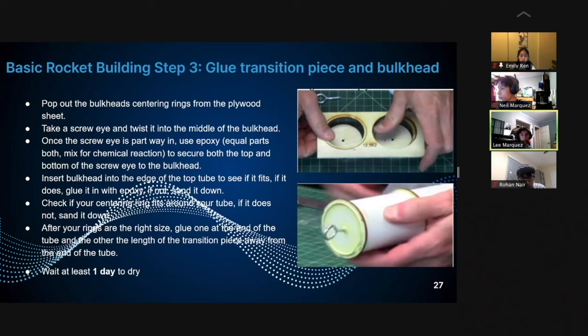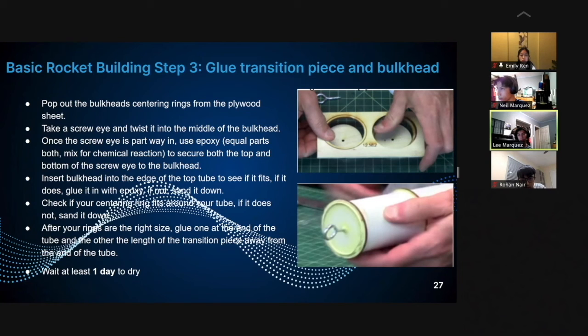So for step 3, we glue the transition piece and the bulkhead. So we pop out the bulkhead and centering rings from the plywood that is laser cut, we get the screw eye and twist it into the bulkhead.